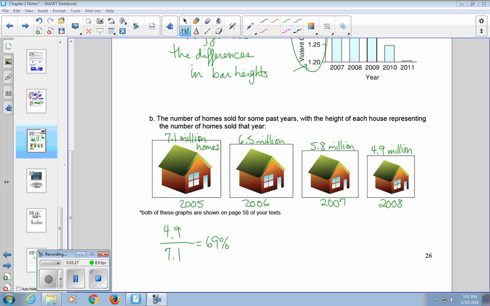But if we look at the areas, so we take the area of house number 4 and compare that to the area of number 1, we see that that is 48%. So that last house has 48%, or about half of the area of the first house. And that is the misleading aspect. It exaggerates the difference because our eyes are drawn to the area.